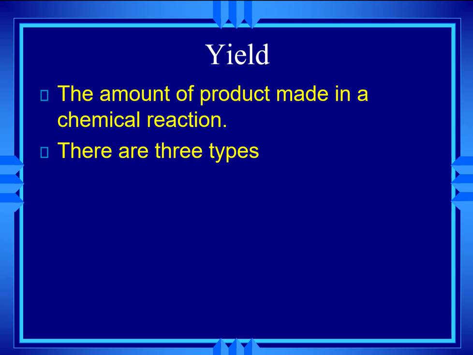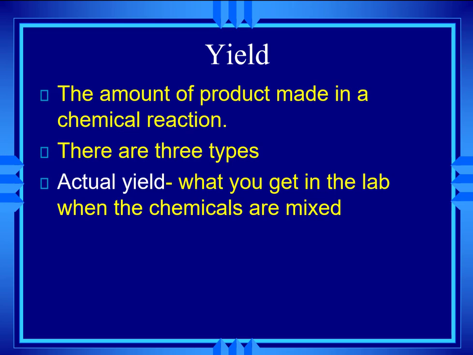So the first type is called actual yield because it's how much you actually get. You do the reaction, you weigh the product. That's a pretty useful name, actual yield. How much did it actually weigh?